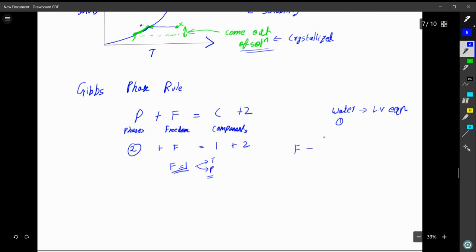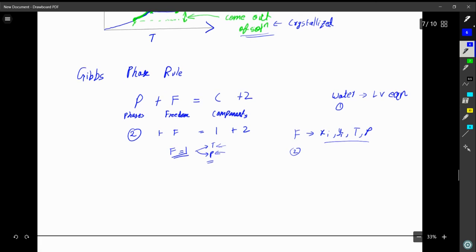In general, degrees of freedom include xi, yi, T and P. So if the degree of freedom is 2, you can set any two of these, and the others will get set according to the vapor pressure Antoine equation or according to Raoult's law. So here, if you set temperature, the pressure will get set according to the Antoine equation.